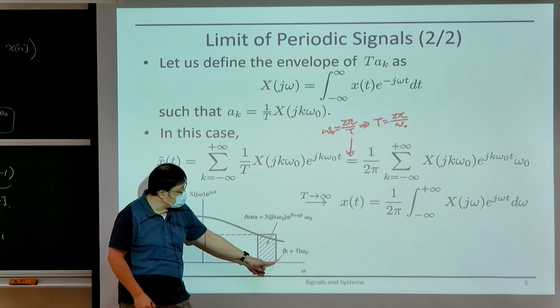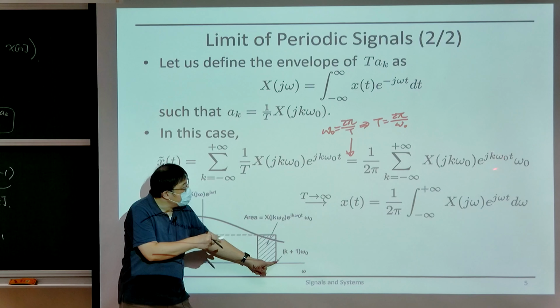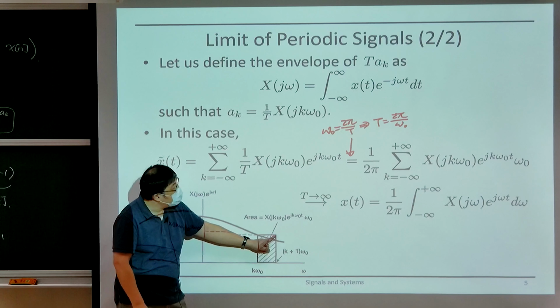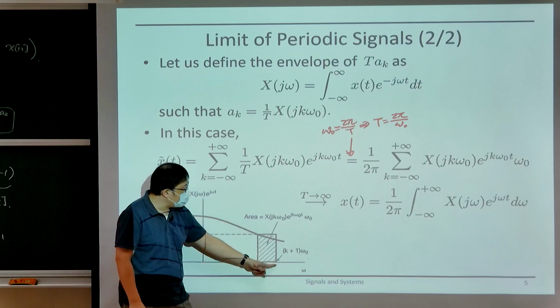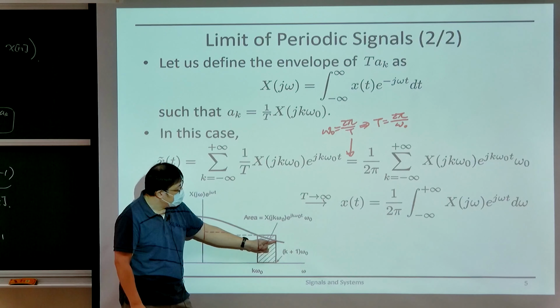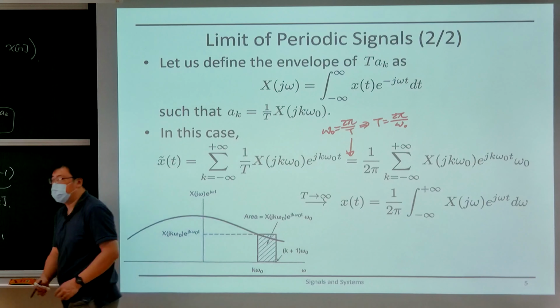Okay. So this is for k. If you go on and look at k plus 1, then this will give you the value of the function at k plus 1 omega naught times omega naught, which will give you the area of the square over there.